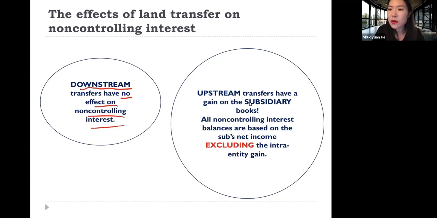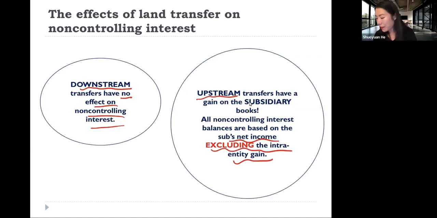In other words, when we're trying to decide how much of the consolidated net income to allocate to non-controlling interest, if it is a downstream transfer, we don't need to take out anything. Versus if it is an upstream transfer, we need to exclude the intra-entity gain from the subsidiary's net income.